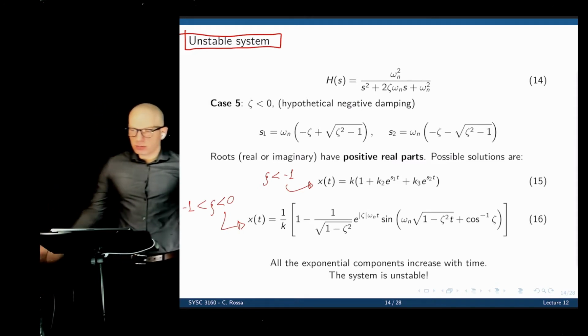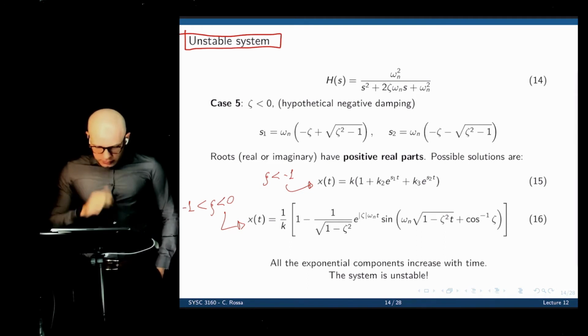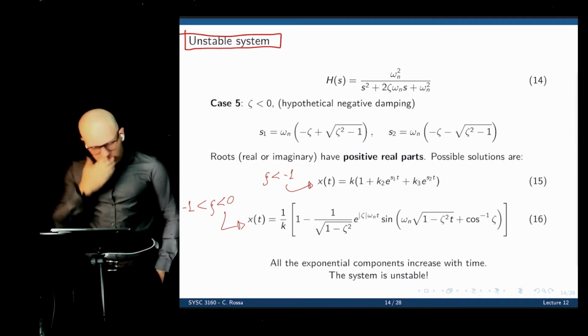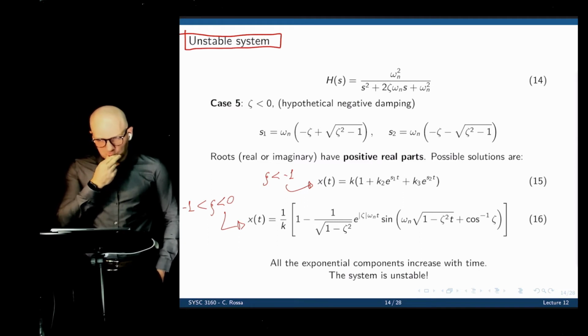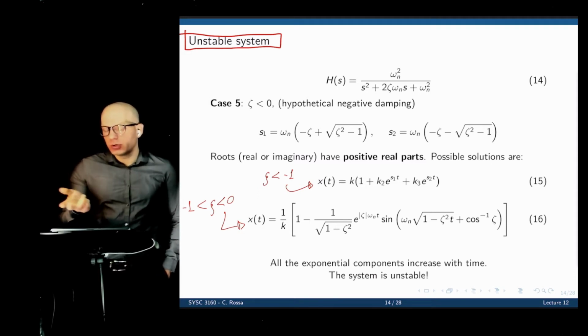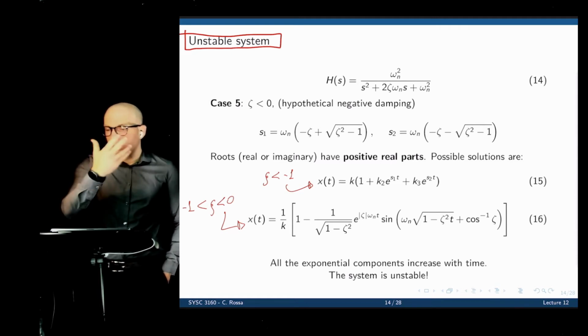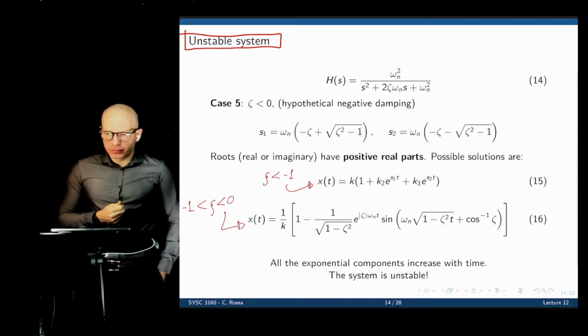Okay. Are there any questions? Professor, do we have this situation that zeta equals negative 1? Zeta equals negative 1. Yes, we could have that. It would also be characterized by an exponential waveform that goes up to infinity.